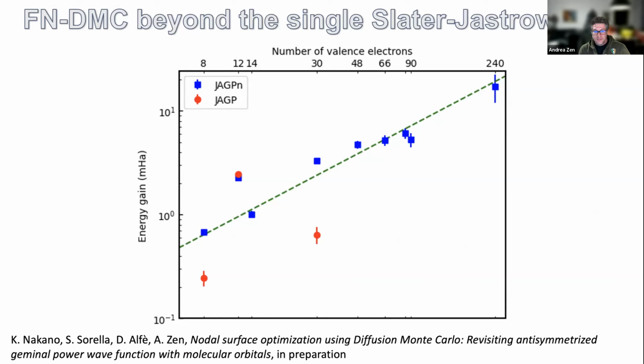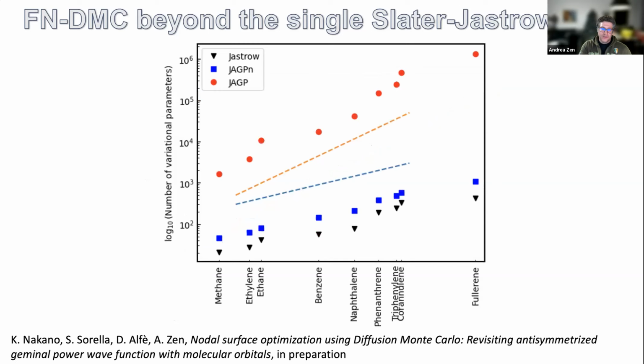Essentially, we can systematically improve over the single Slater determinant. We are trying to finalize this work, but that might be the way to go beyond single Slater determinants for the applications that I mentioned.